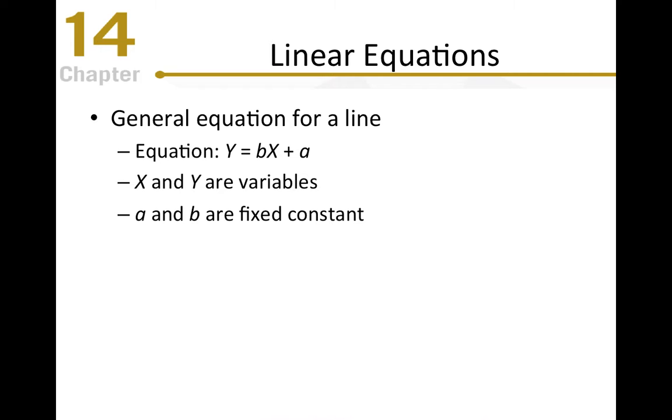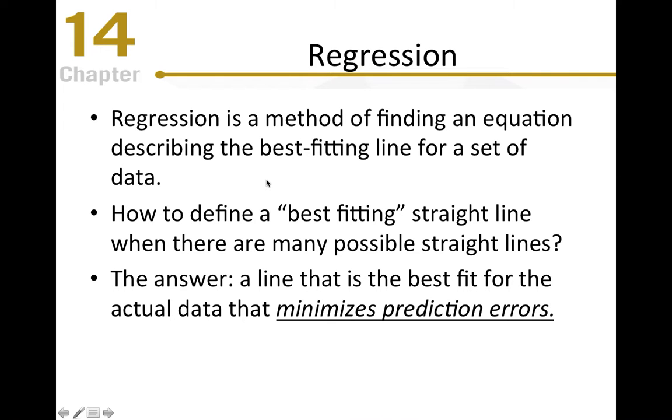And so when making a regression equation, what we want to do is find the best fitting line. So there's a lot of ways to define the best fitting line, but the way to really think about it is what line minimizes our error the most.